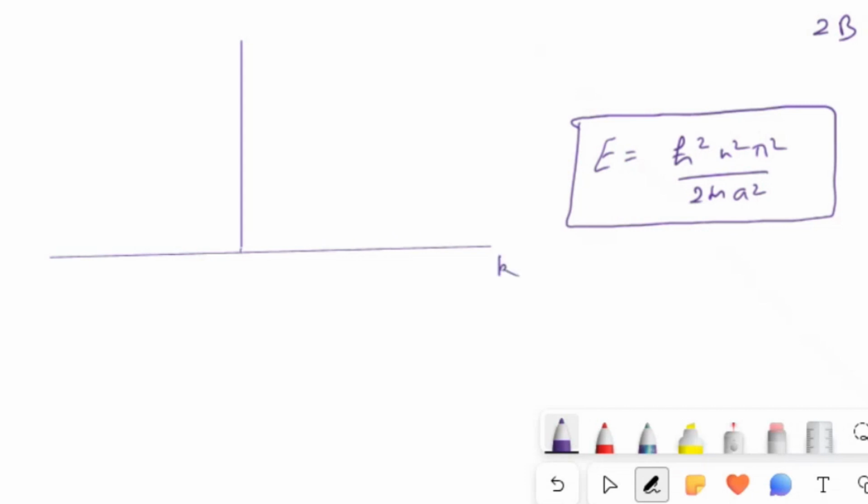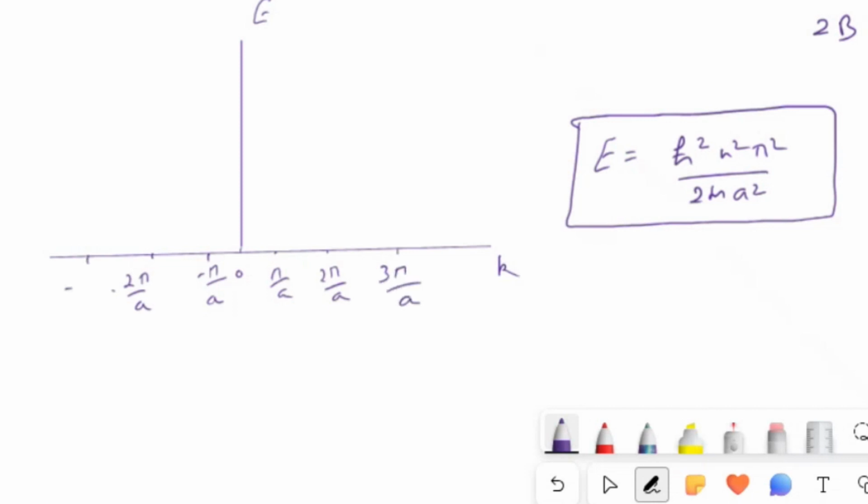This axis is k and this is energy E. At 0, this is pi by a and this will be minus pi by a. This will be 2 pi by a. Similarly, this will be 2 pi by a in minus sign. This is 3 pi by a.